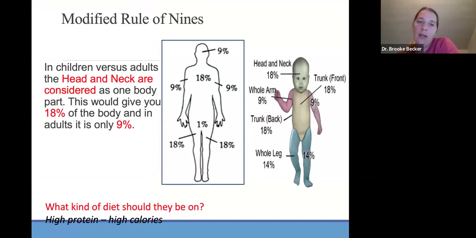Head, neck are considered one part of the body. Trunk goes along with that too for infants. Okay. And if kids have burns, then they need to be on high calorie, high protein diet because of the nutritional need that burns place on the body.